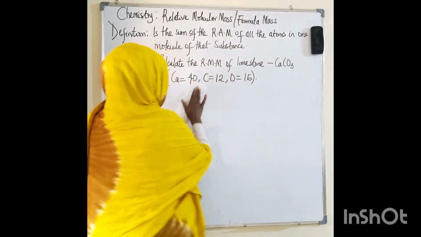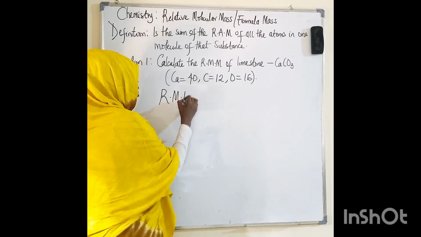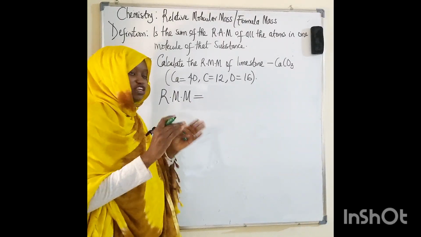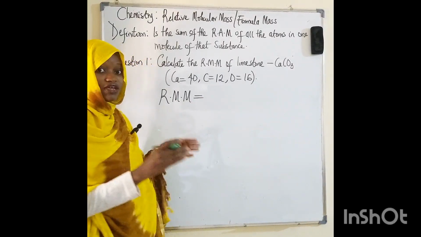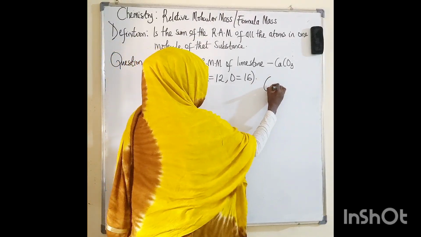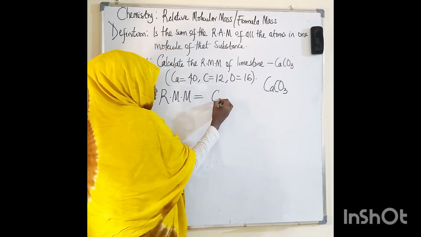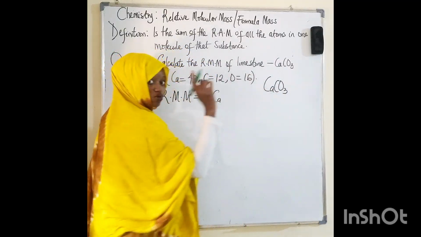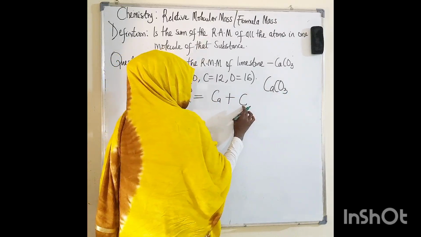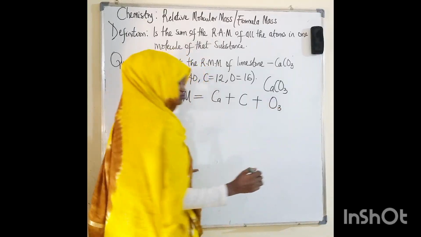So just as we mentioned, to calculate the relative molecular mass of any compound, we are taking the sum of the individual relative atomic masses of each element. In CaCO₃, the compound we are solving for, we have one atom of calcium, plus one atom of carbon, plus oxygen, which is 3.